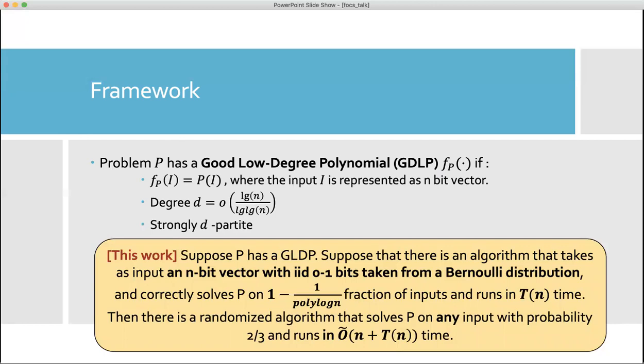So essentially, suppose that we have this average case algorithm on uniform inputs with this success probability that runs in T(n) time. Then there is a randomized algorithm that solves P on any input, so it's worst case, with probability 2/3, and that runs in order tilde of n plus T(n) time. And order tilde neglects subpolynomial factors.